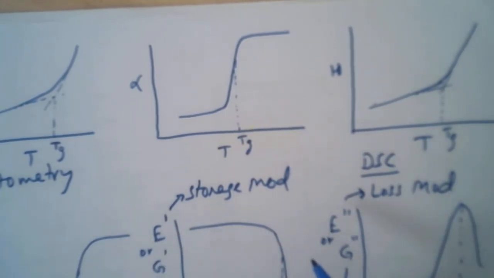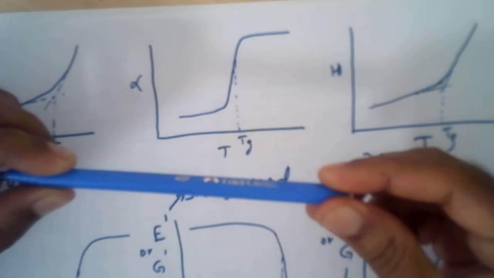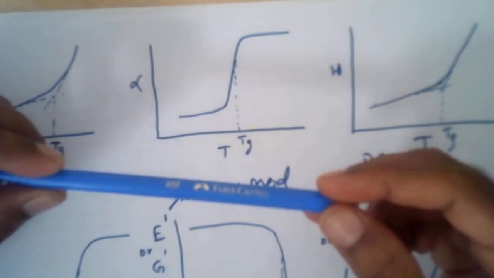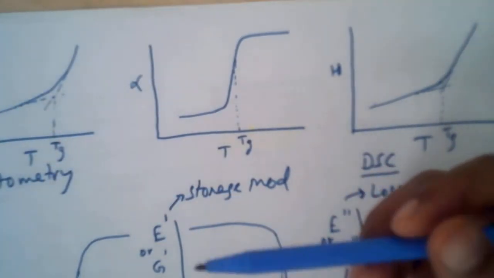So far we know only the elastic modulus, which is in a quasi-static case. When you apply force on a particular material, the resistance to its deformation in the elastic limit we call the elastic modulus or Young's modulus.